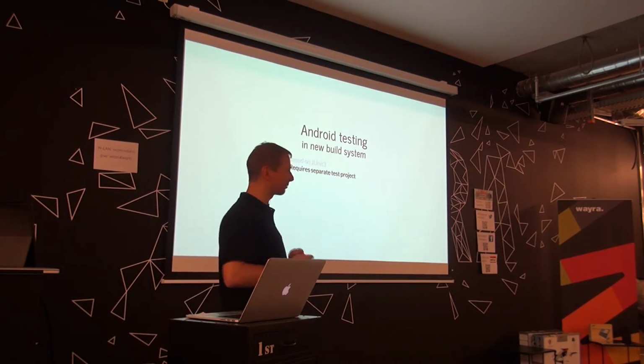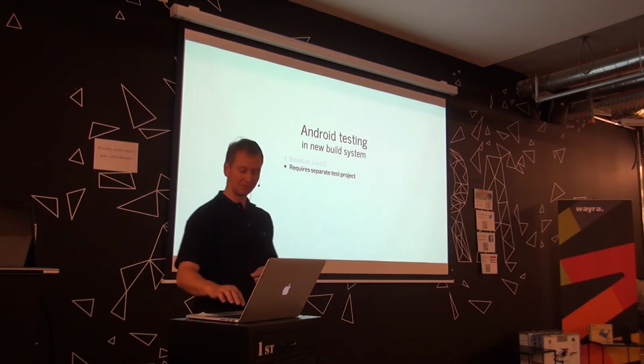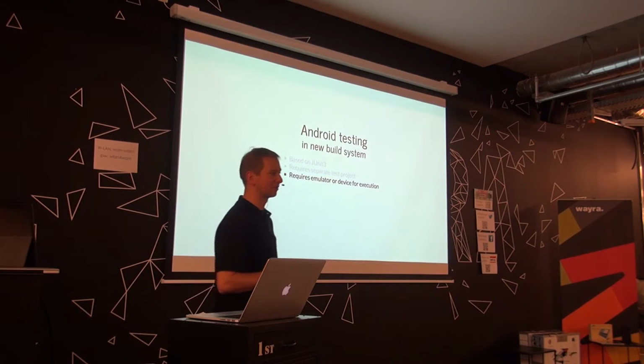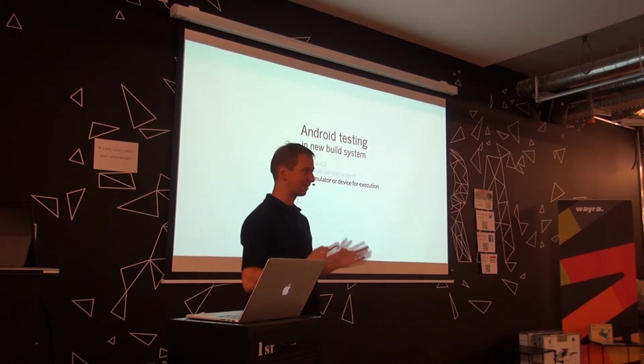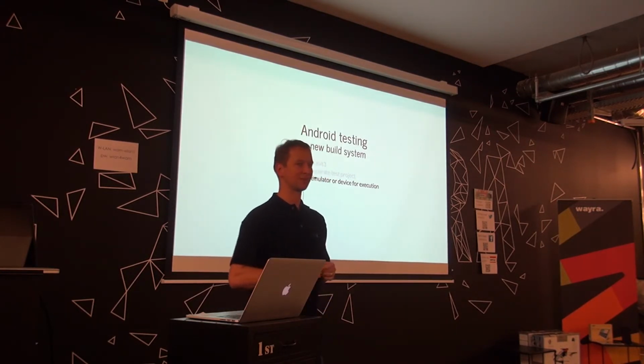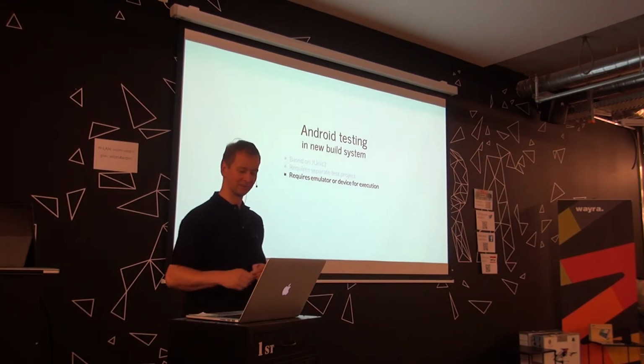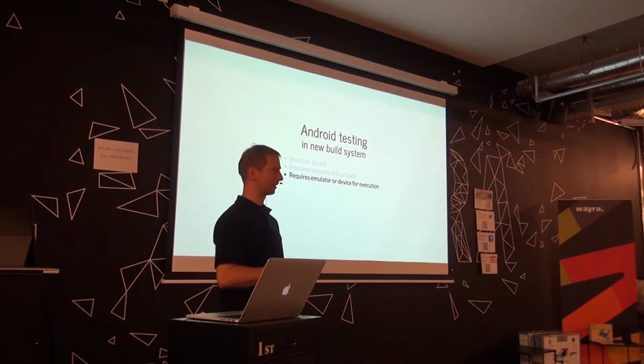This was a separate test break which now was removed with the new build system, so this is luckily gone. But still, if you want to do instrumented tests or Android-based tests, you always have to use the emulator or hook up a real device to run the tests, because the tests only run in the real Android surrounding.